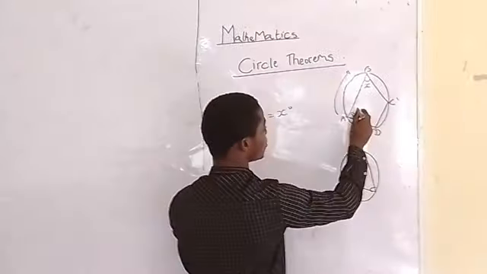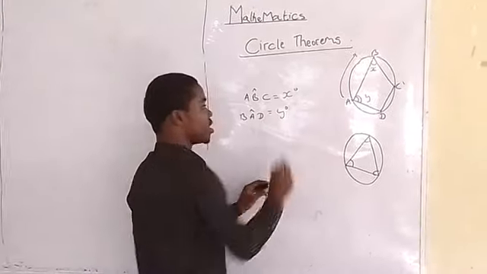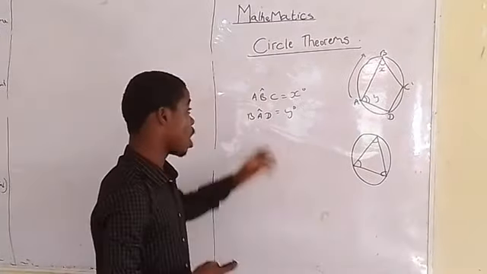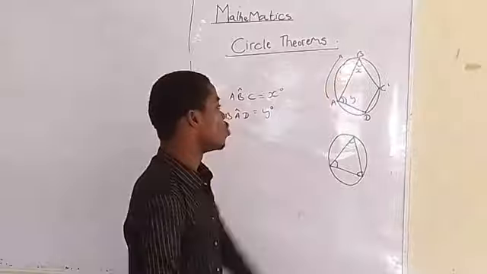This angle BAD, let's say it's Y. Angle BAD is Y degrees. Are you following me? This is how to know which of the angles we are referring to.